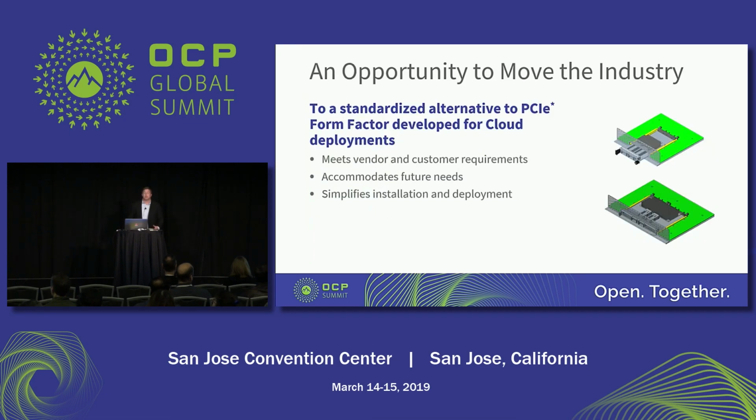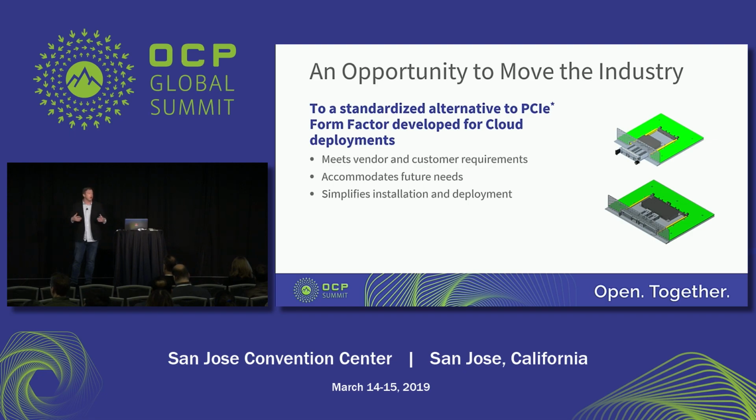Okay, so all of those things together, what does that mean? What it means is we have an opportunity. And our opportunity here, from Intel's perspective as a hardware vendor, is that we have our PCIe card, we had the NIC 2.0 card, we have a bunch of custom cards that we have to make for various different use models and deployments.